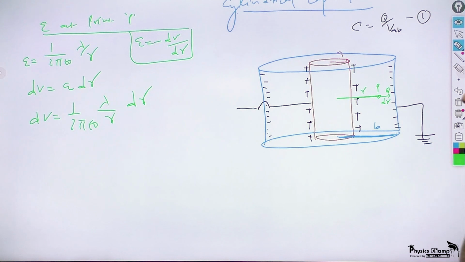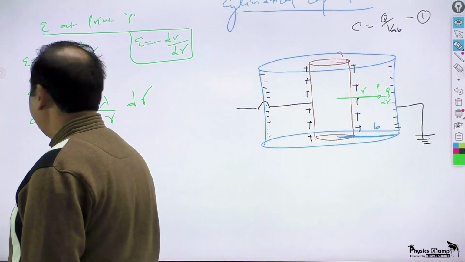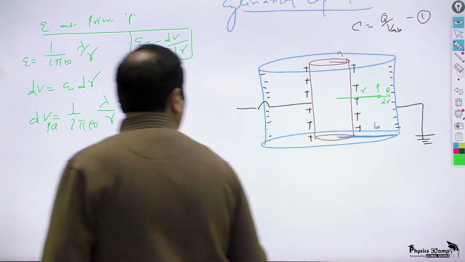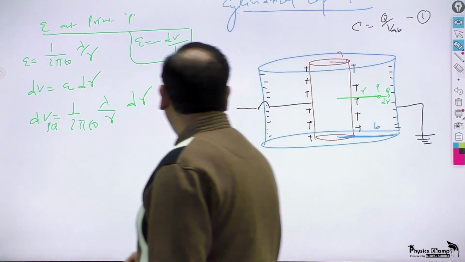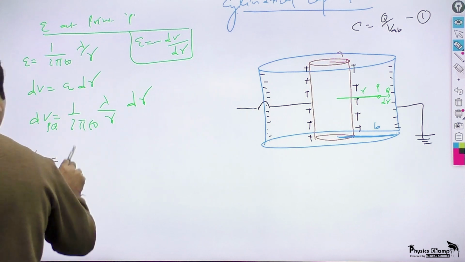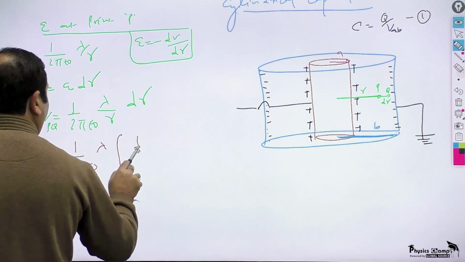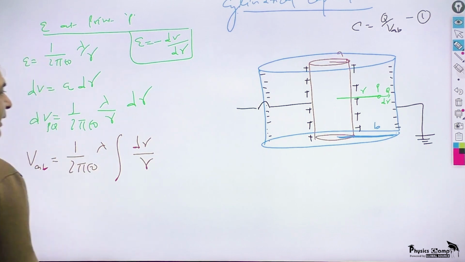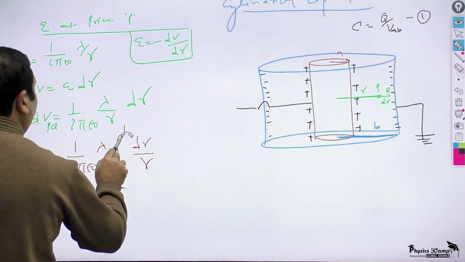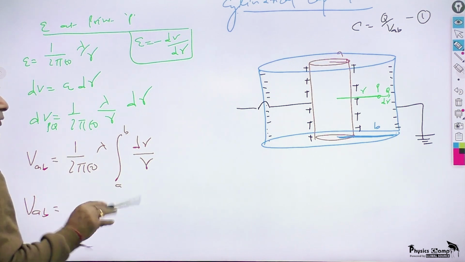Now this is for as we move from P to Q. But what will be the potential difference as we move from A to B? It would be 1 by 2 pi epsilon naught lambda dr by r, and limits are from A to B. So potential difference VAB, this is for sure.